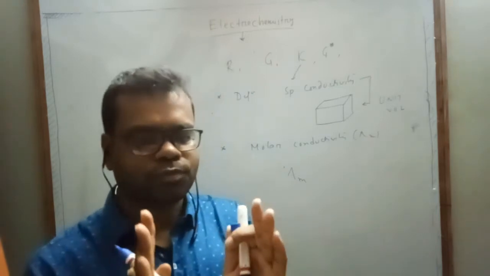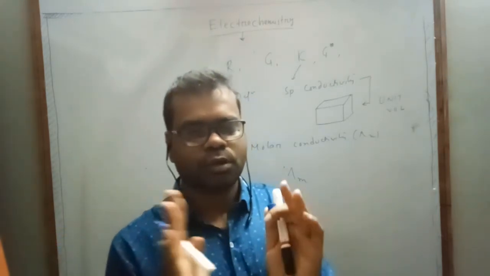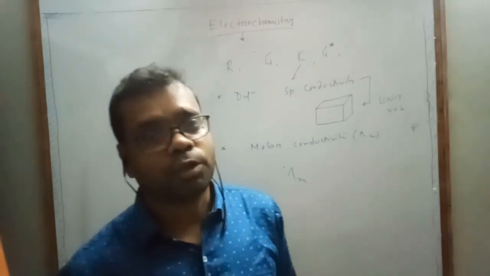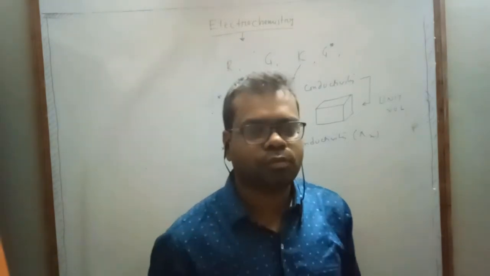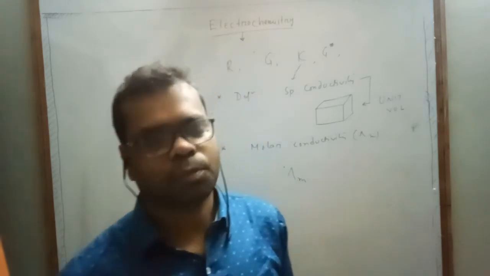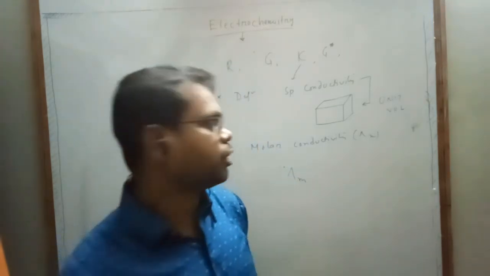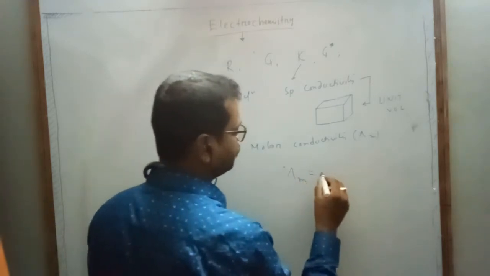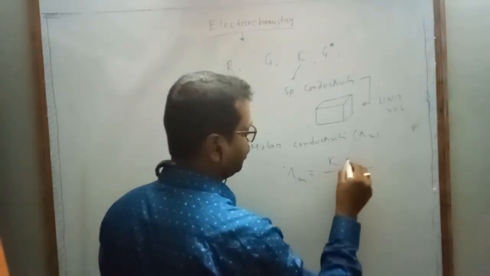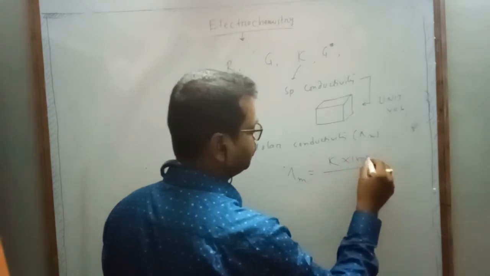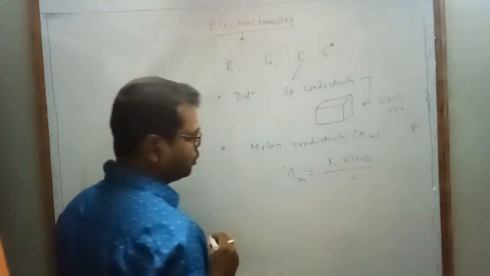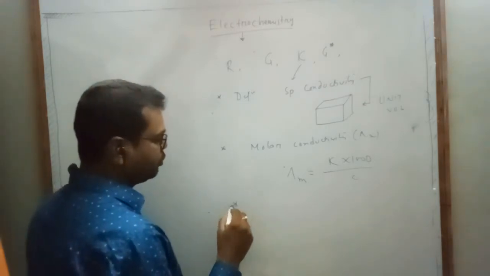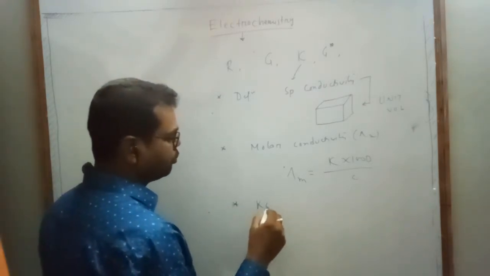And remember that between the two electrodes 1 centimeter apart we have to keep 1 mole of the electrolyte. So molar conductivity relates to specific conductivity kappa into 1000 by C. After molar conductivity we have defined one law.